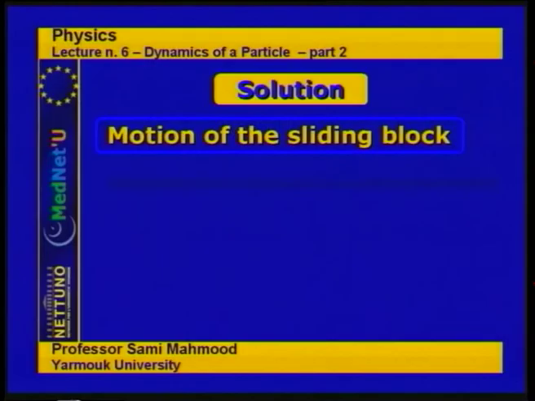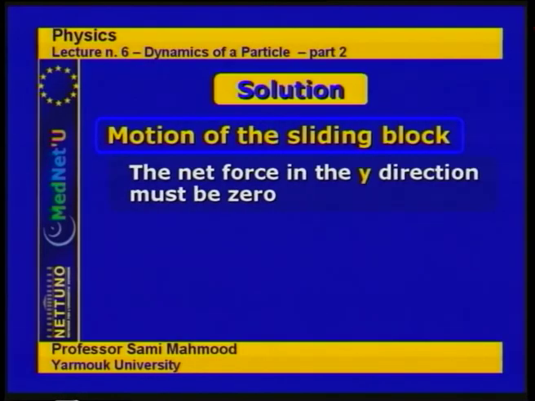First of all, let's consider the motion of the sliding block. We must remember that the sliding block slides across the table. It does not go up and down, which means that there is no net acceleration up or down.